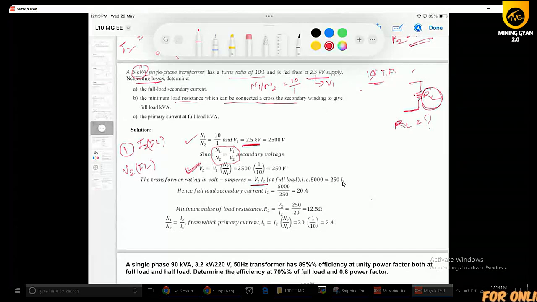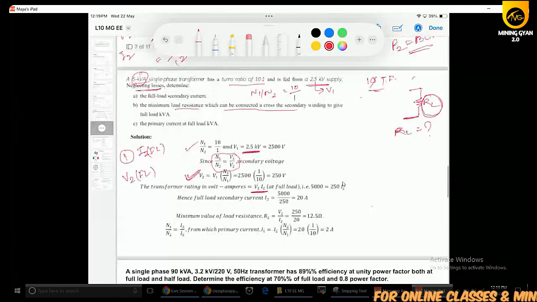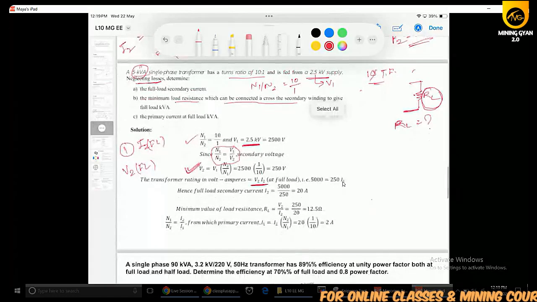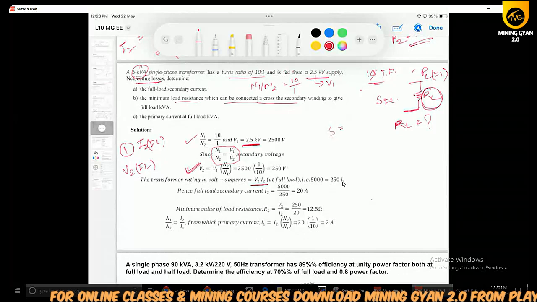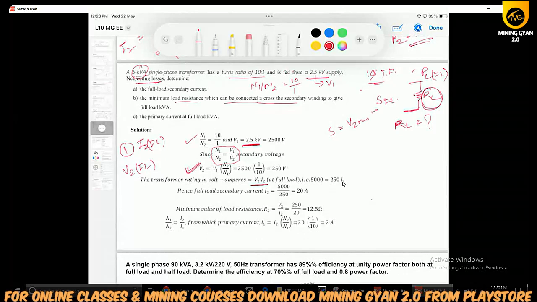So how much is the RL value that is connected across the secondary winding to give the full load kVA, means if it is consuming full load power or S full load. S is the apparent power, okay. S will be how much? V2 RMS into I2 RMS, and that should be full load.